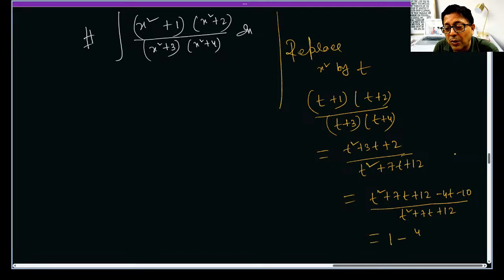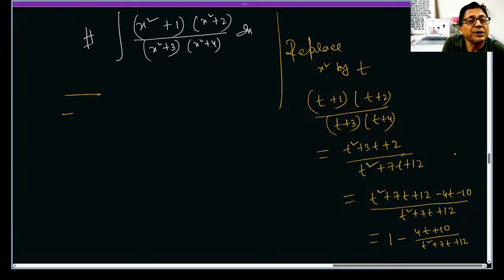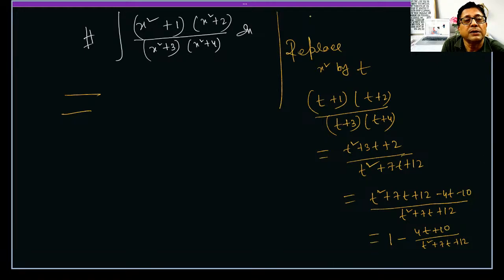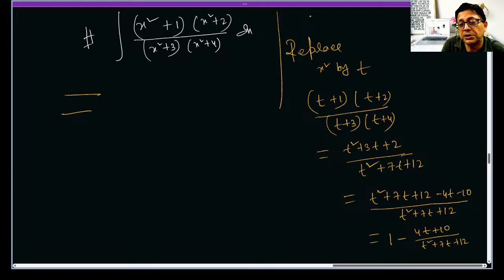So answer is 1 minus 4t plus 10 by t plus 3, t plus 4. This is not the integral, just the partial fraction will do, then we will replace t by x square, then we will integrate.